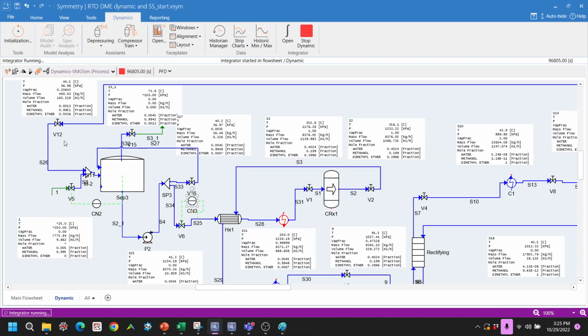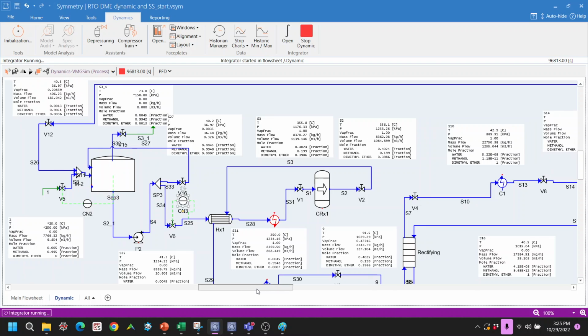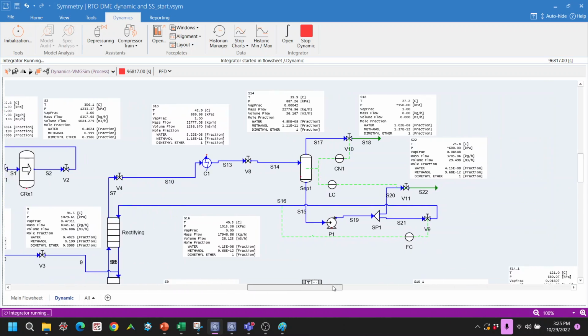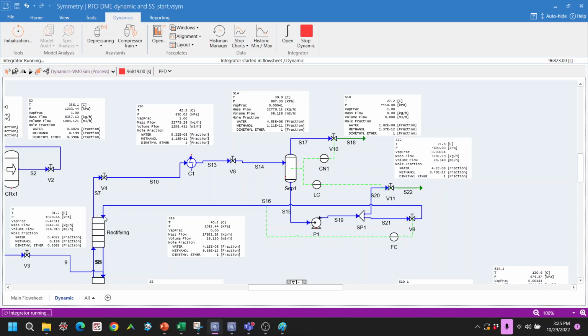But then you already have some disturbances, and this whole distillation column has so many stages, I think 20 stages in total, I don't remember. And then we have a control on the distillate. See this, the reflux flow rate.